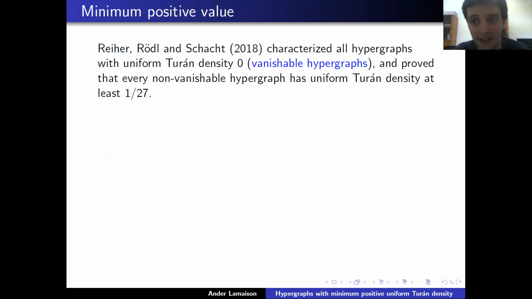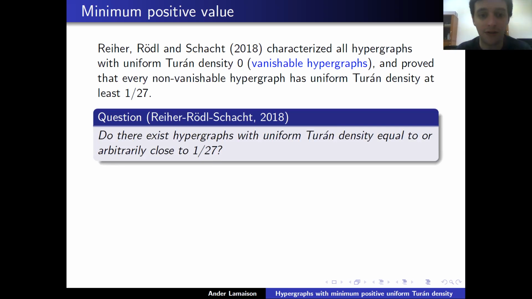Their characterization implies that for every 3 uniform hypergraph, and from this point, everything is going to be about 3 uniform, either the uniform Turán density is 0, so it is vanishable, or the uniform Turán density is at least 1/27. And they asked whether this 1/27 can be improved: whether there exist hypergraphs with uniform Turán density equal to, or failing that, arbitrarily close to 1/27.